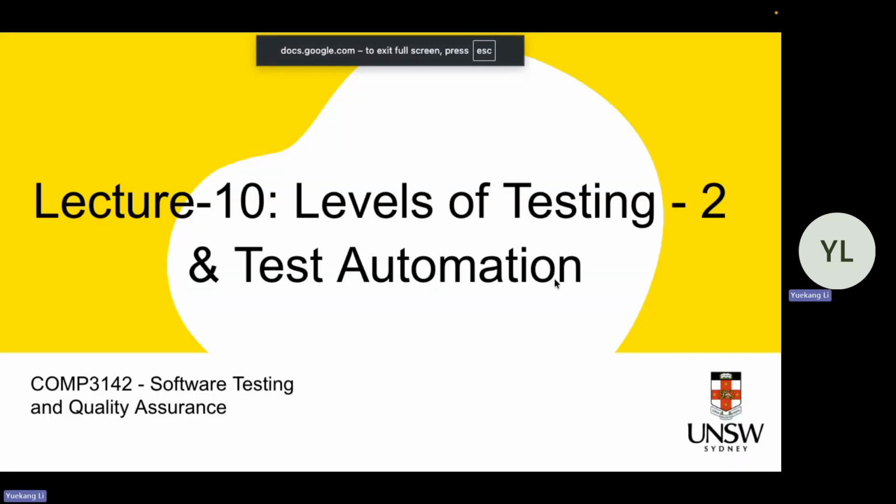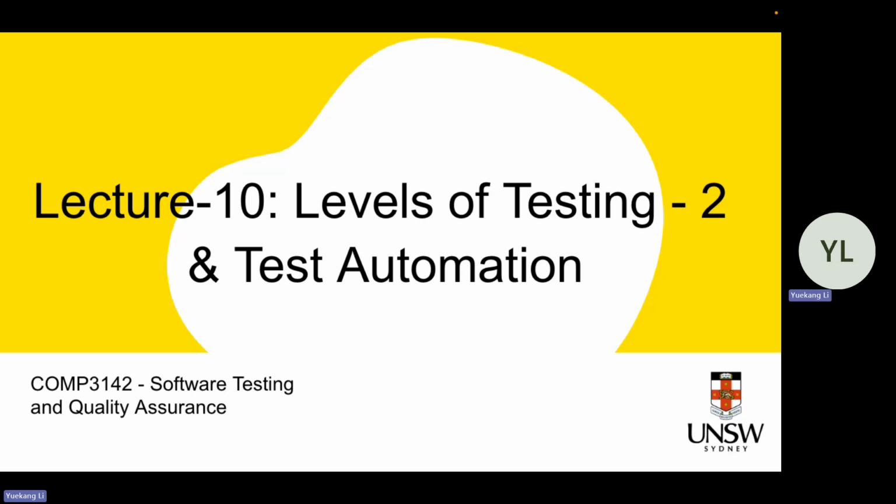And let's start today's learning content. Yesterday we learned different levels of testing, actually four different levels: unit level of testing, integration level of testing, system level of testing, and also acceptance testing.